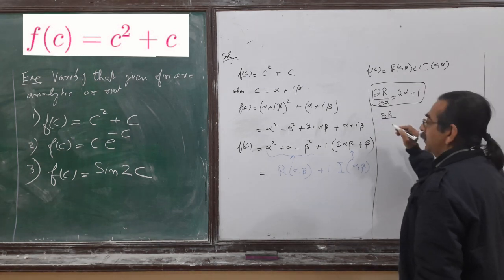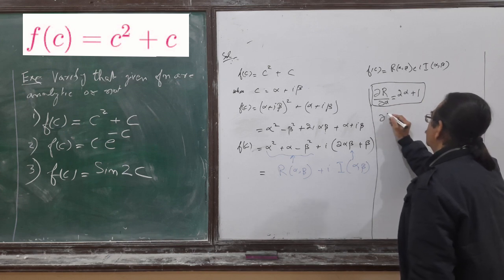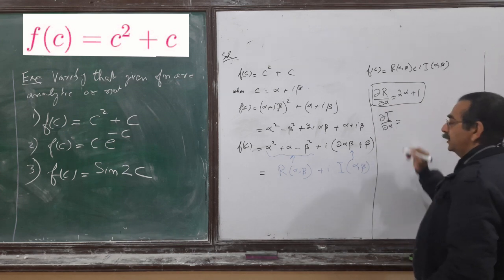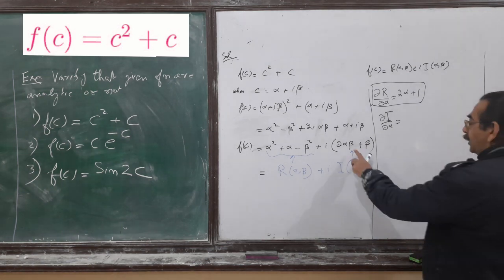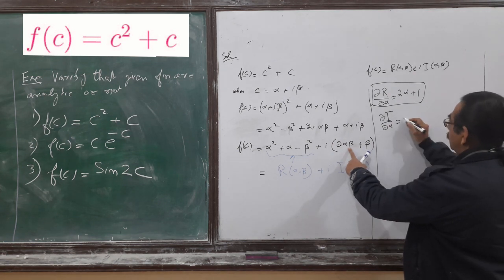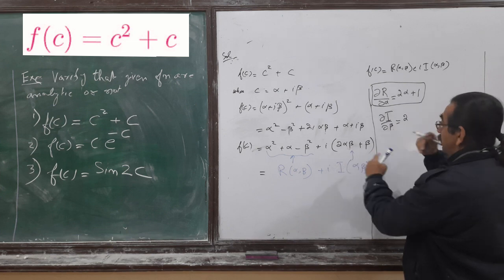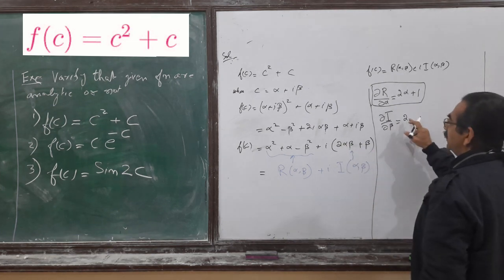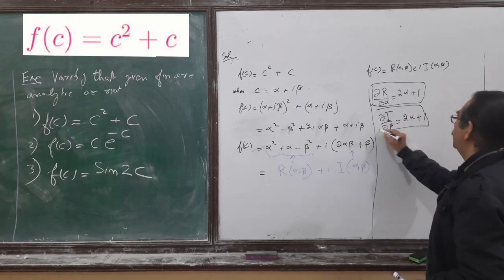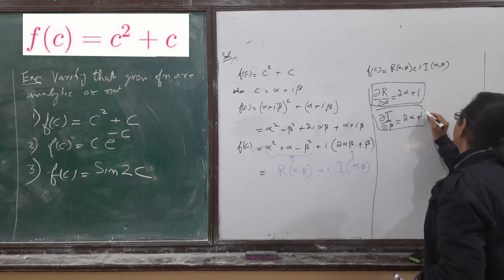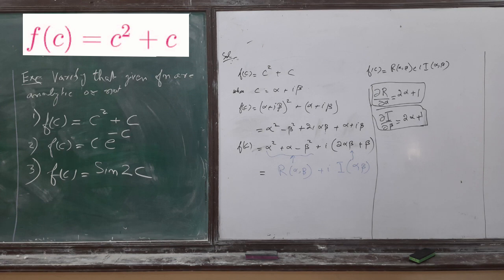Partial I over partial alpha will be 2 beta. Partial I over partial beta will be 2 alpha plus 1. Okay, so this will be equal to this.